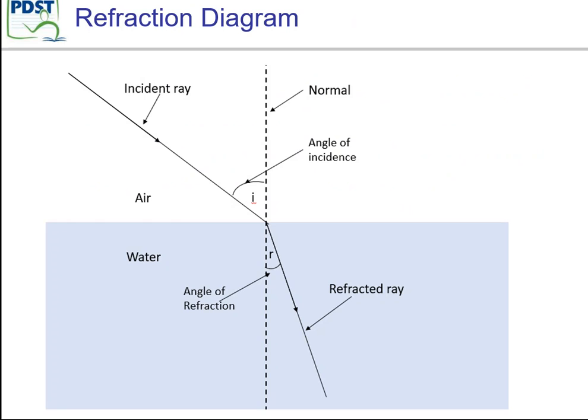Now, in terms of diagram, we are also going to draw a ray diagram. You can see that we have an incident ray, the ray that strikes this interface. So we have an interface between air and water, and an incident ray in the air medium.